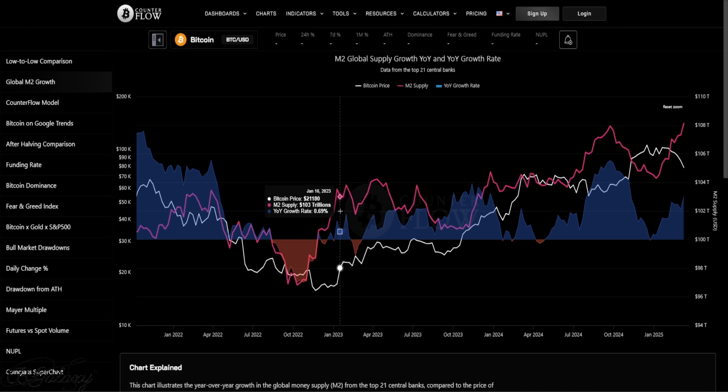And it's not just one time. Every time the global liquidity reached the top, the money flowed to the Bitcoin and crypto market.